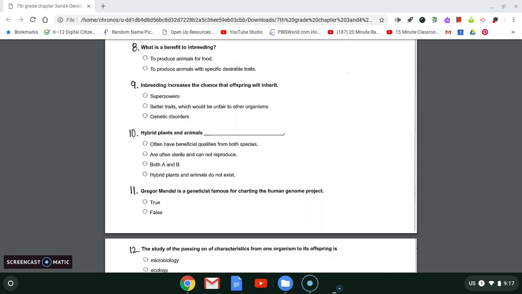To produce animals for food, or to produce animals with specific desirable traits? Number 9. Inbreeding increases the chances that offspring will what? Inherit superpowers, better traits which would be unfair to other organisms, or genetic disorders?